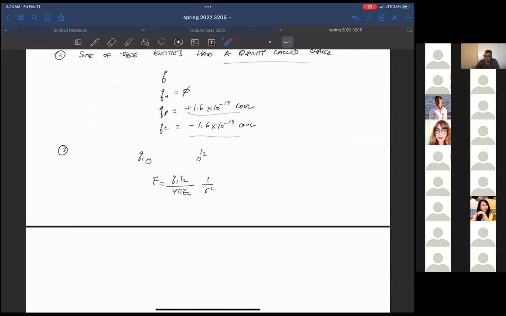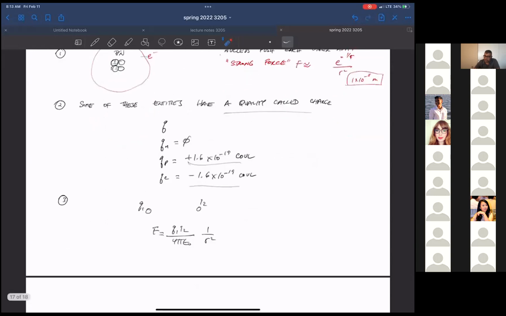So okay, we have these atoms, and this is the basic unit of charge. The upshot is that we haven't seen anything that has a charge that's different than an integer multiple of this, either positive or negative.